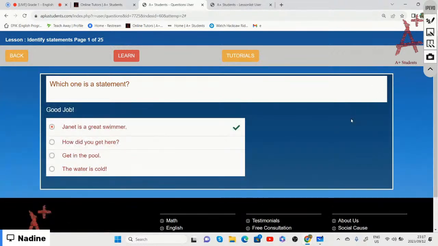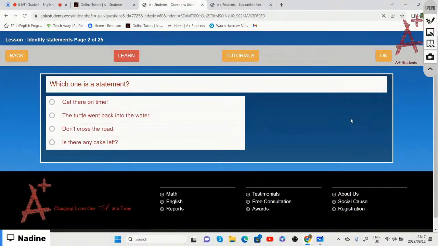All right. We need to say which one is a statement. If we look at the different sentences, is it the first option, get there on time with an exclamation point?